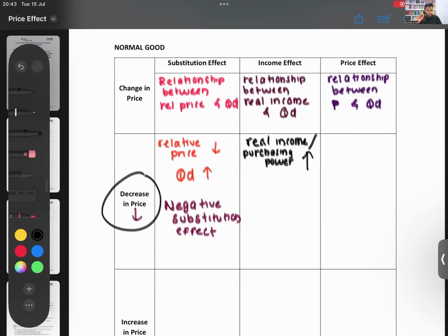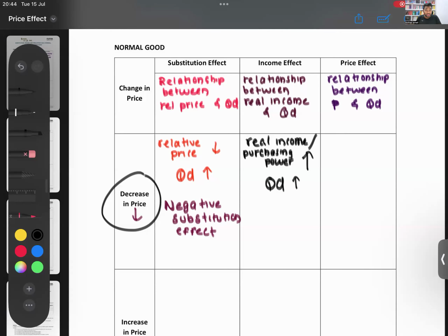Now, when your purchasing power increased, your real income increased. We're talking about a normal good, remember. So, for a normal good, when your real income increases, what do you think happens to your quantity demanded? You go and buy more and more, no? So, quantity demanded will increase. And how do you figure out the income effect?